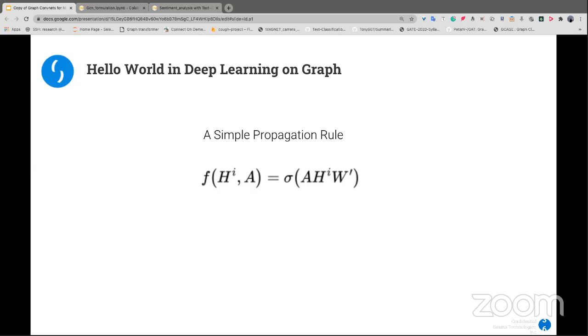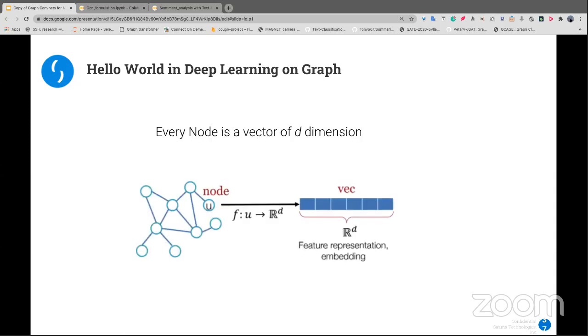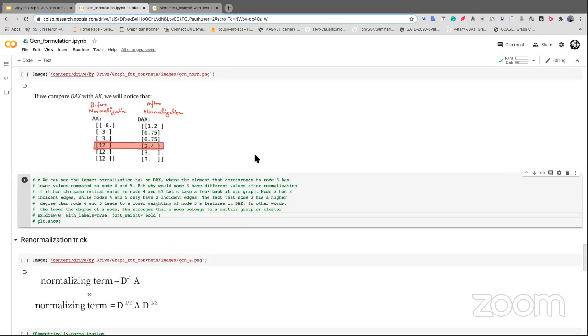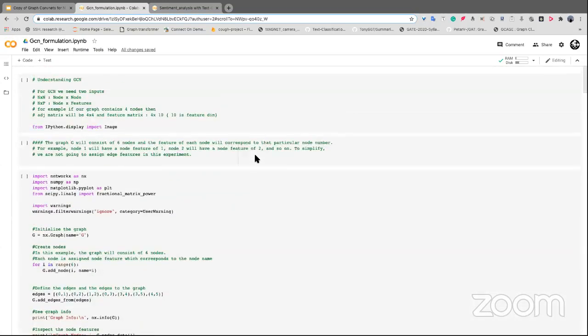So this operation is similar to the CNN filter operation we saw in the last slide, as these weights are shared across nodes in a graph. As I was saying, each node has an embedding. So let's go through a simple example of how this works.